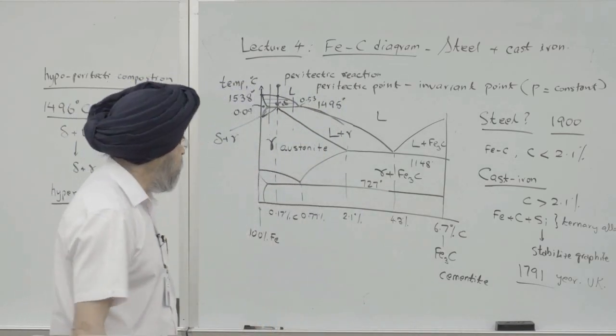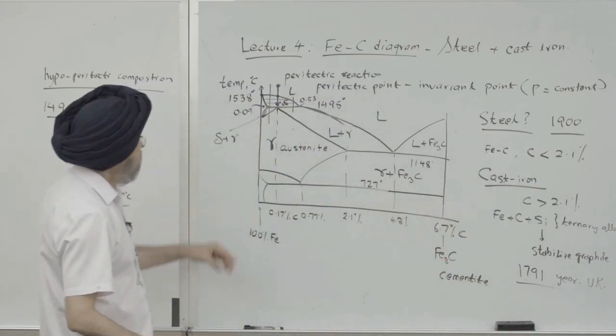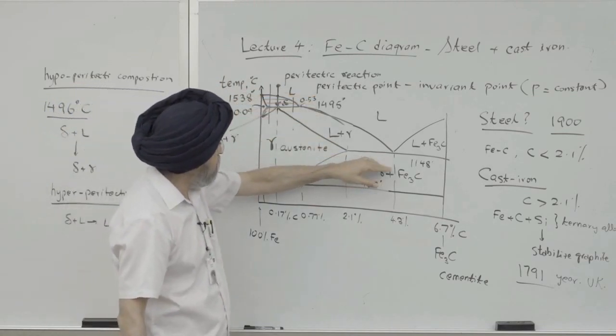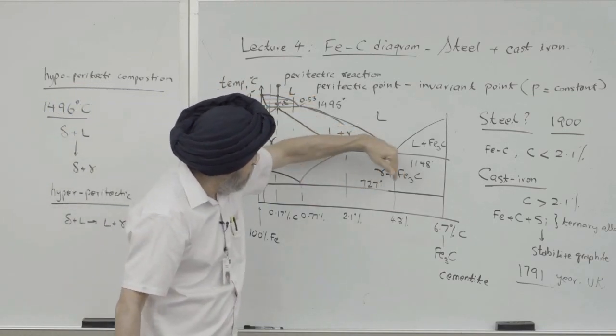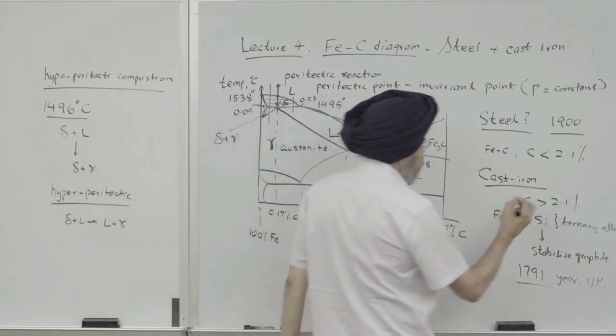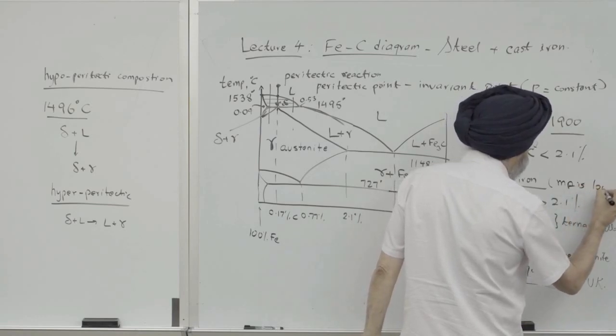Back then, they couldn't build a steel bridge because notice that steel melting is much higher than cast iron. Cast iron is beyond 2.1%, so the cast iron melting point is low.